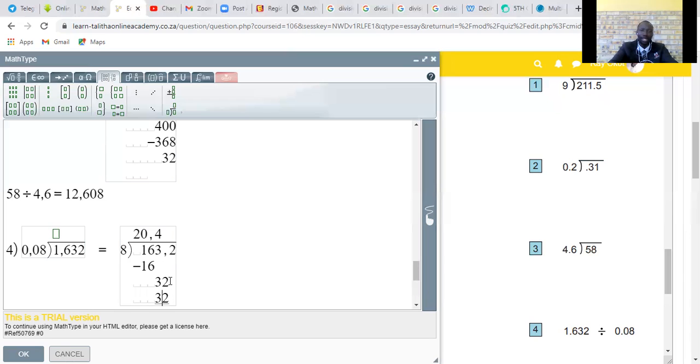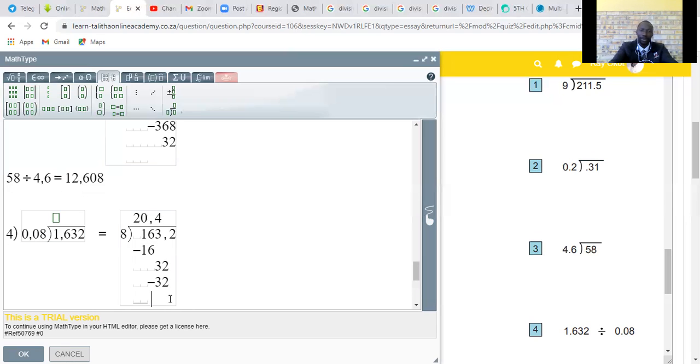And now the next thing for us is to subtract. When we subtract, we don't get anything, 0 here and 0 there. So we can then conclude that 1.632 divided by 0.08 is 20.4.